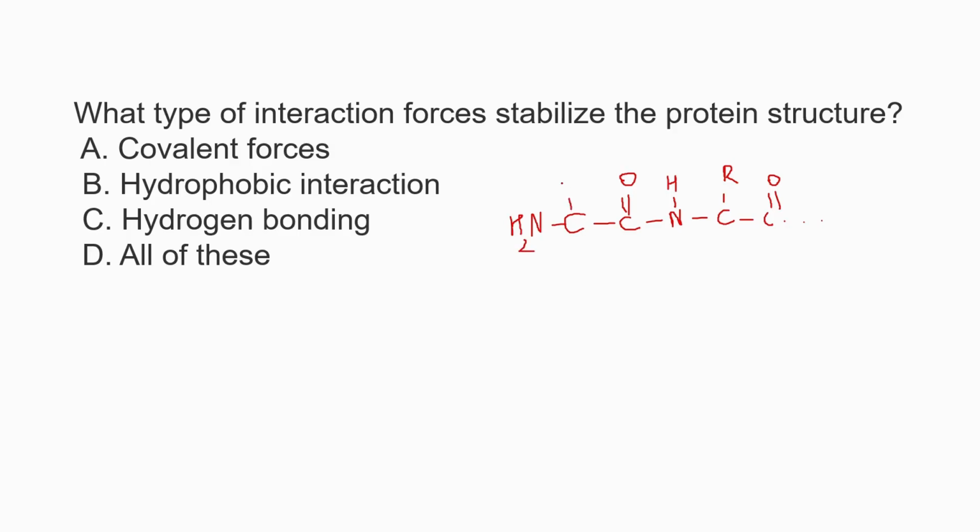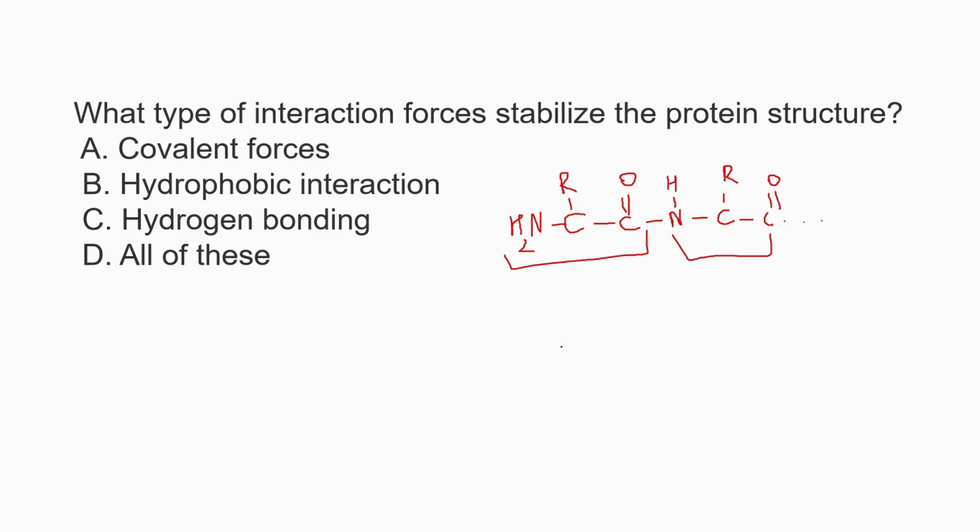So here, this is basically our first amino acid, and this is the second amino acid. And in a protein, the amino acids will continue to bond like this. And these covalent forces, that is bonding with all the carbon in the chain, result in the covalent forces that form the main structure of the protein. So that is really important for stabilizing the protein structure.